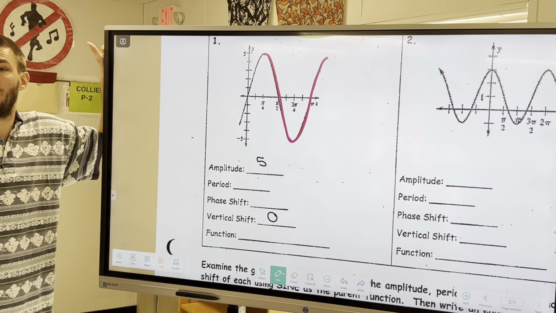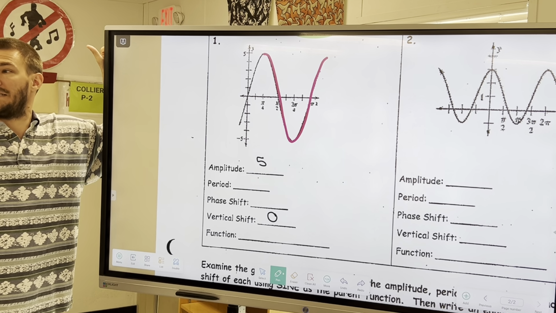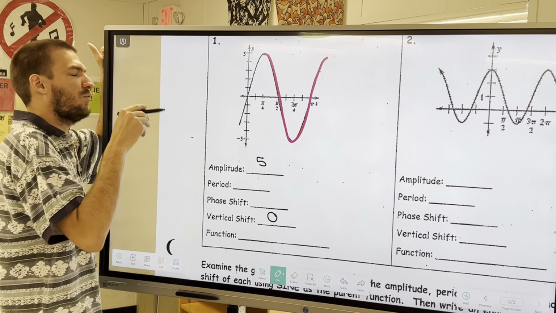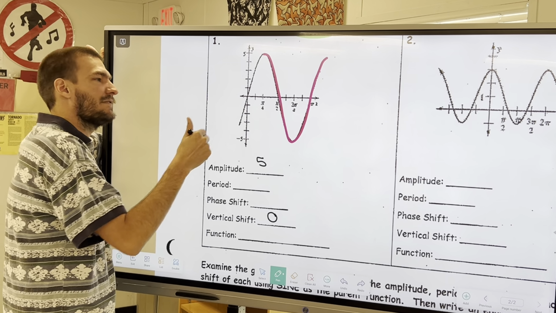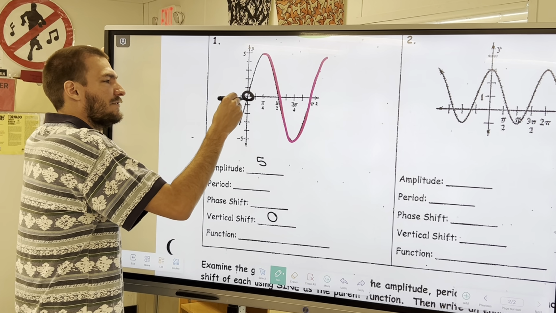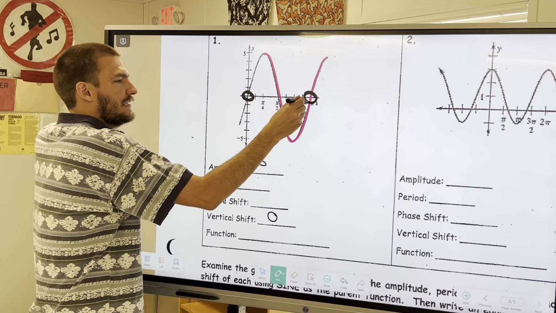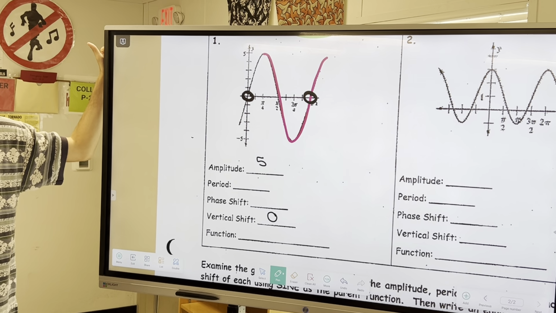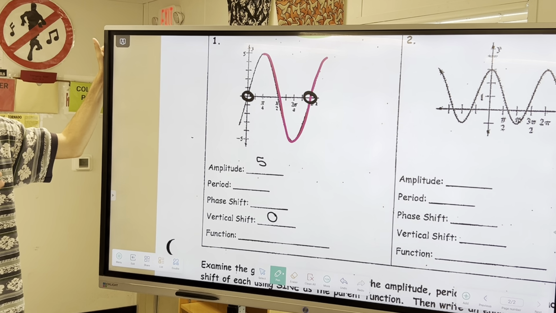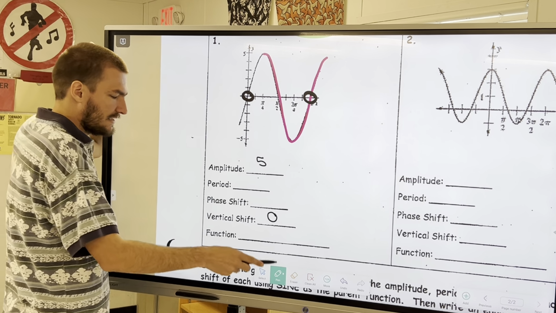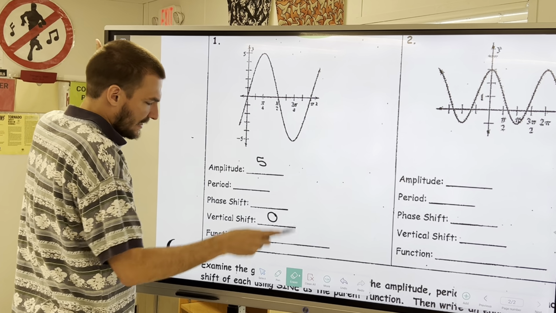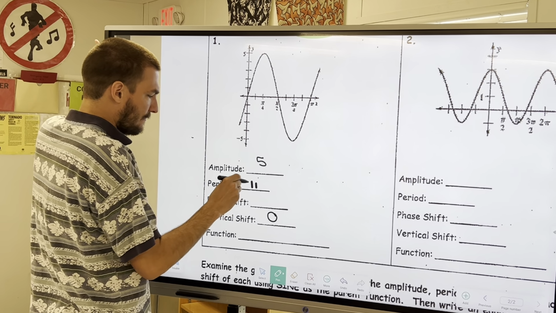We can pick any point we want as long as we can see the start and finish of a full cycle. So even though this is not a sine graph, we can still check the period from here to here, because that still tells us how long it takes to keep the cycle going. So for this question, how long does that take? Pi. Nice job. So our period is pi.